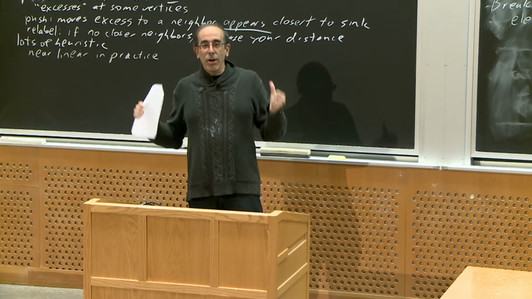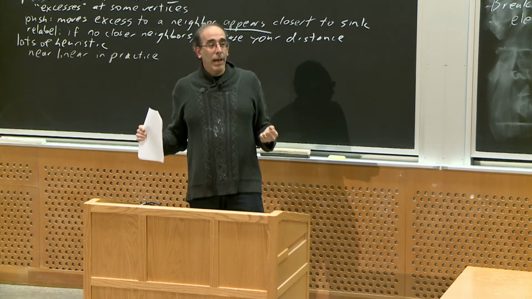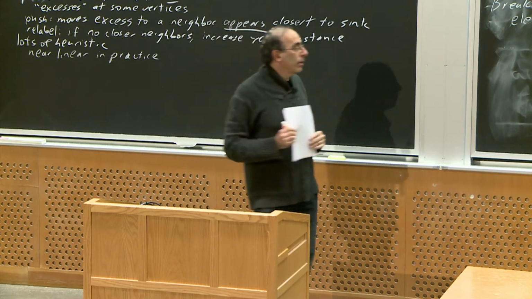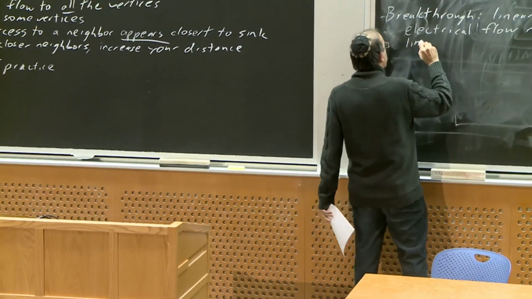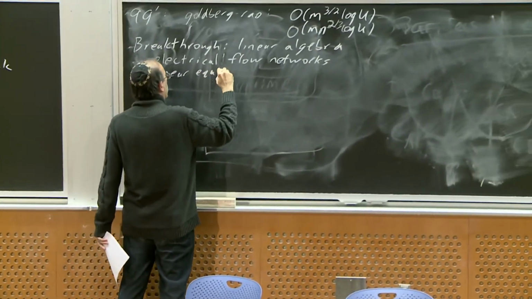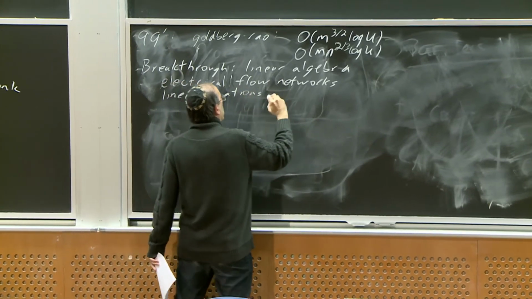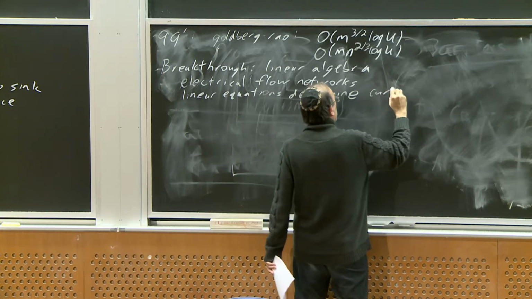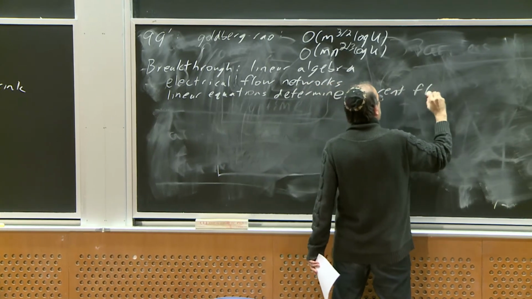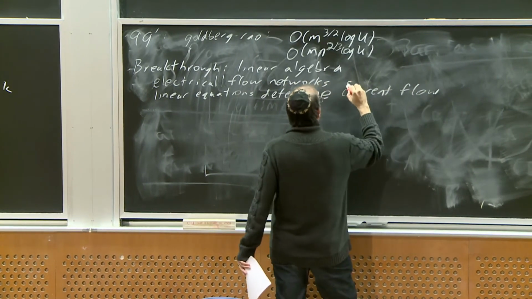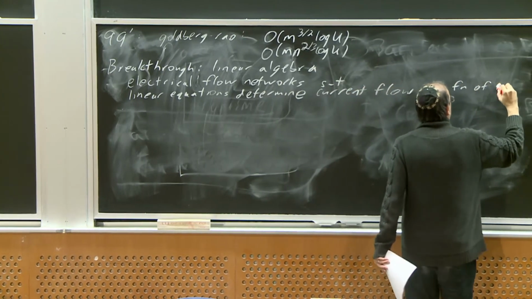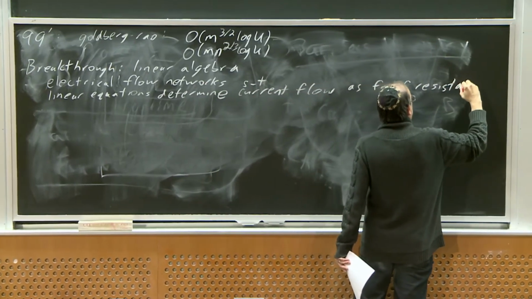And that current flow is determined by a bunch of linear equations. I should say the S to T current flow as a function of the resistances.